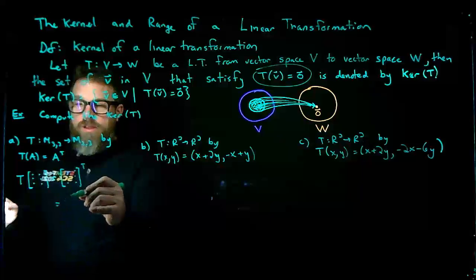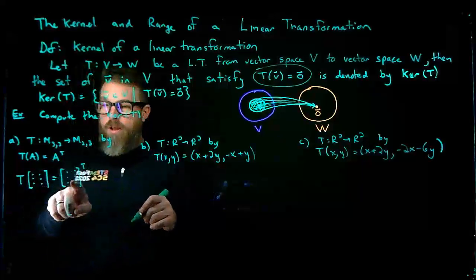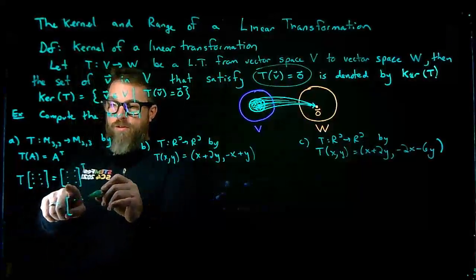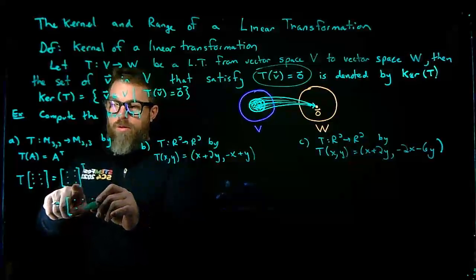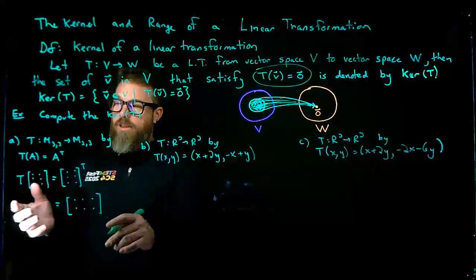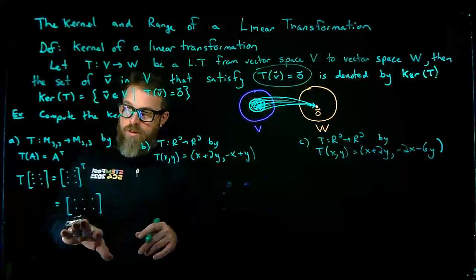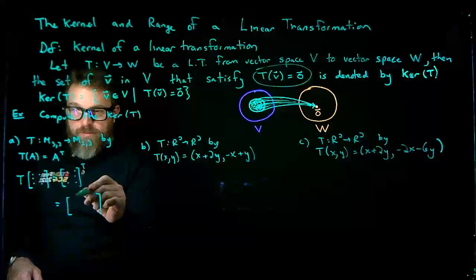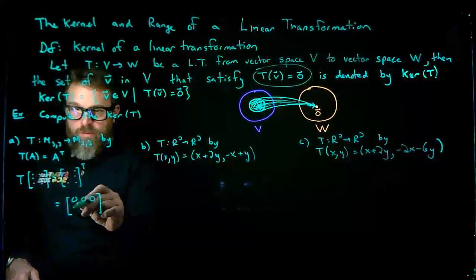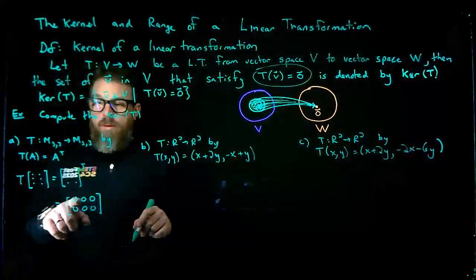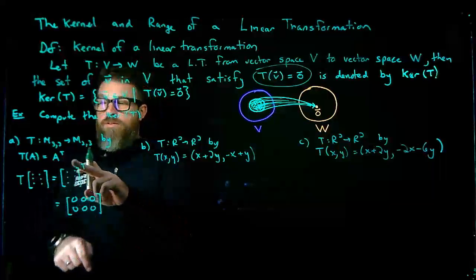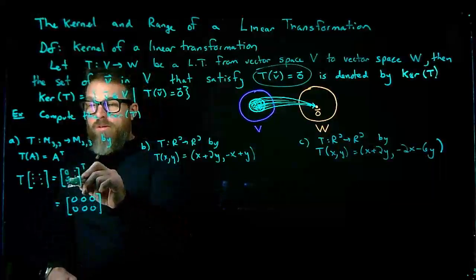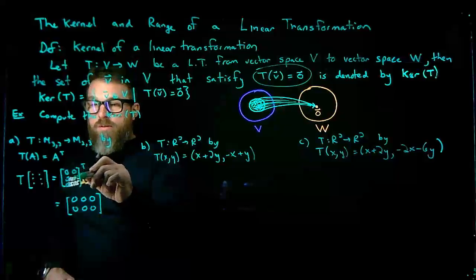What's going to happen is this first column becomes the first row, and this column becomes this row as well. Now I want T of this thing to be equal to the 0 vector. Well, the 0 vector in its codomain is going to have to be 0, 0, 0, 0, 0, 0. And remember that this first row came from this first column, so this first column would have to be zeros. And similarly, this would have to be zeros as well.